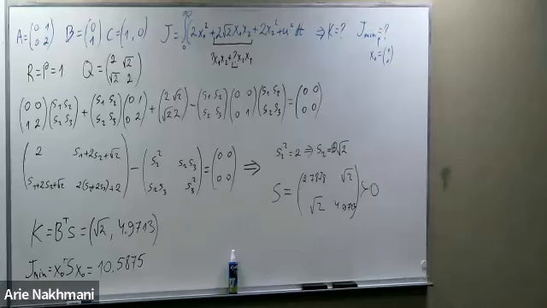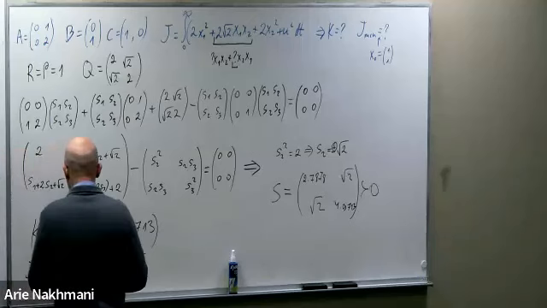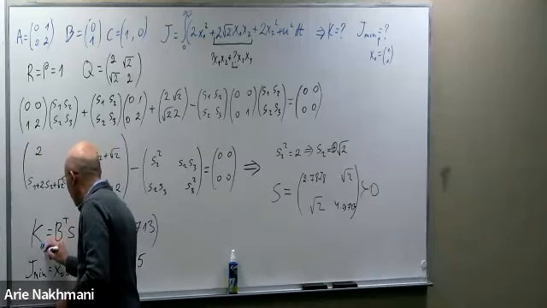So the question becomes, where are the optimal pole locations now? What do you think? So we found the optimal controller, whatever it is.